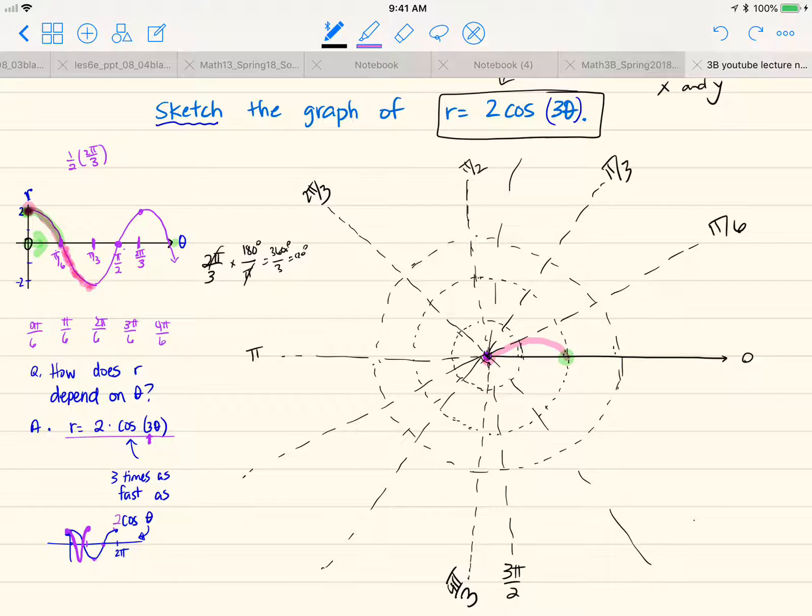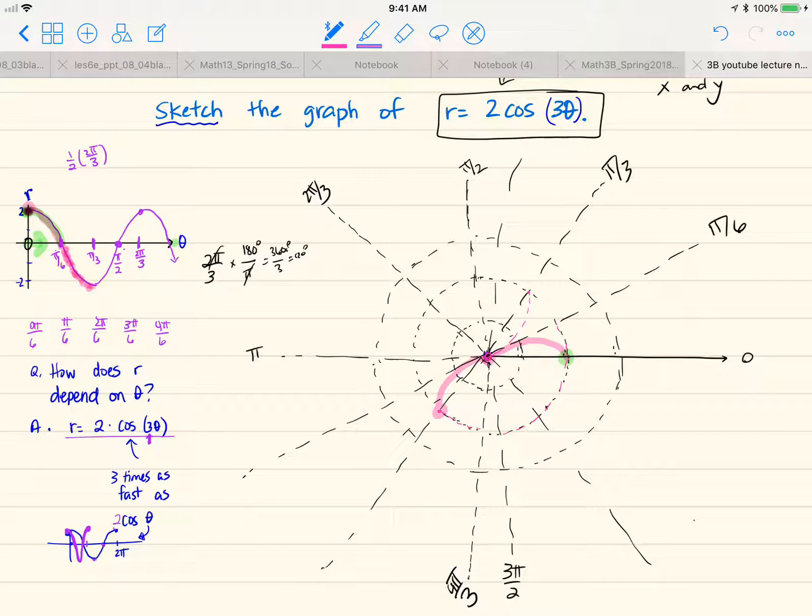Let me do this a little more carefully. Instead of going out like this, I'm going to flip, and I am going to be going from here to here. So notice that I stop as usual at r equals 2.